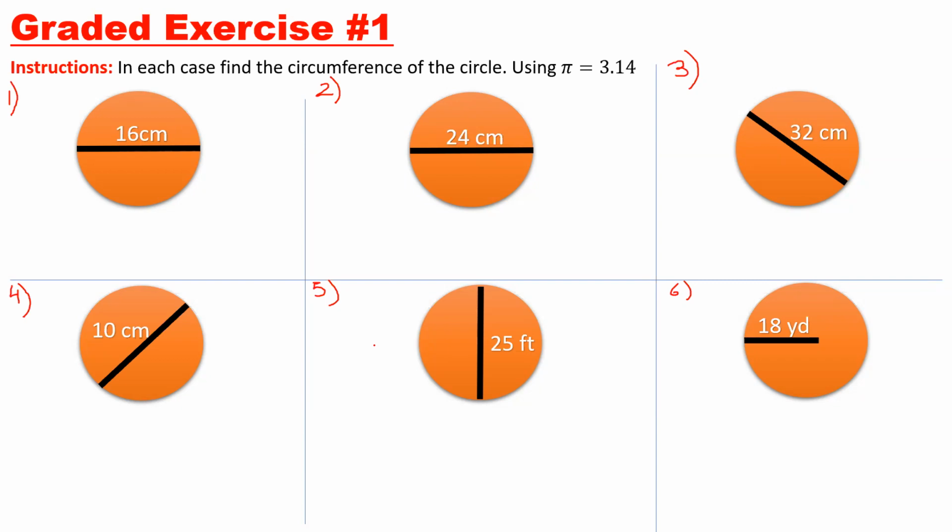Kevin, what number are you on? Excuse me, Mr. Petit. Go ahead. I'm confused on number 5. Okay, we'll do that together.